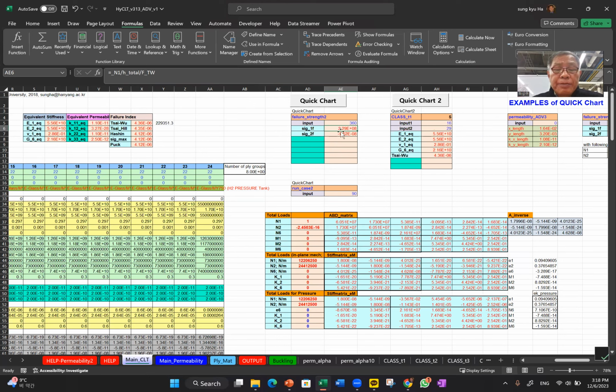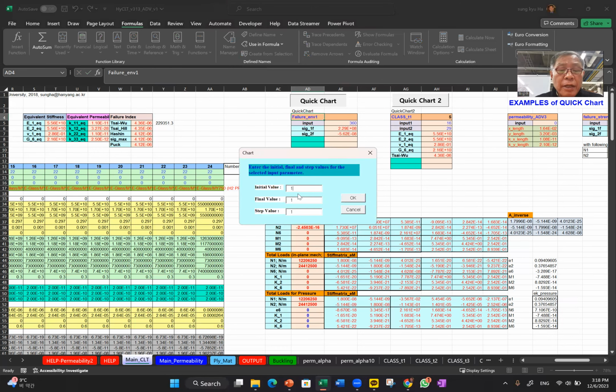Okay, so next step is that this is the one you can enter, change the worksheet you like to have as an output. So let's say you can say failure envelope 1. So all you need to do is just click here, and then angle will be 0 to 360.